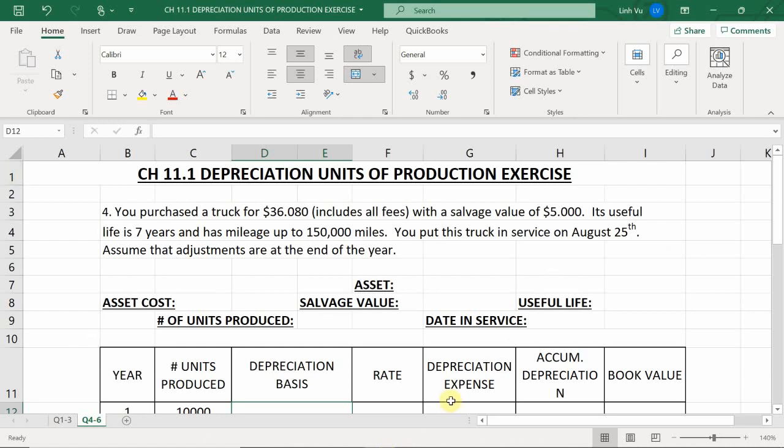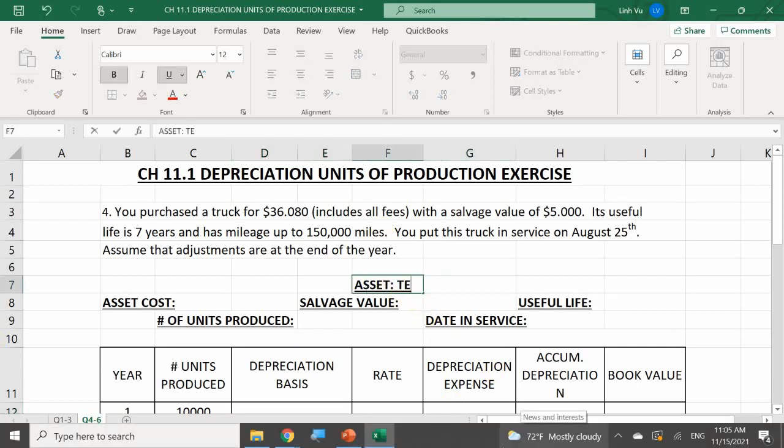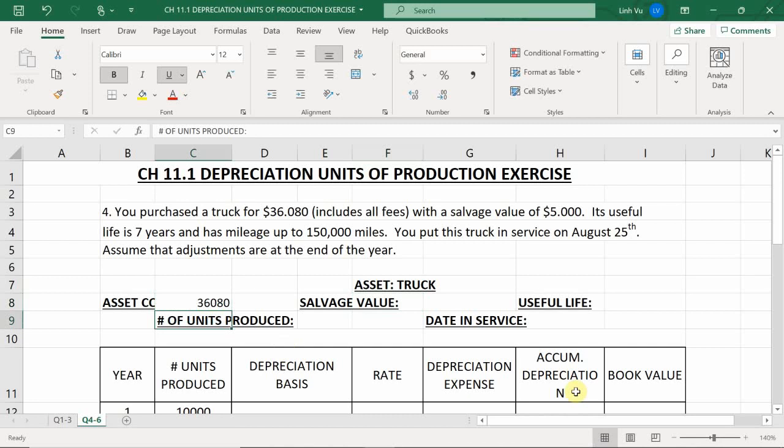So in this case, what did I buy? A truck. How much was the truck worth? 36,080. What's its salvage value? 5,000. What's its estimated useful life? 7 years.